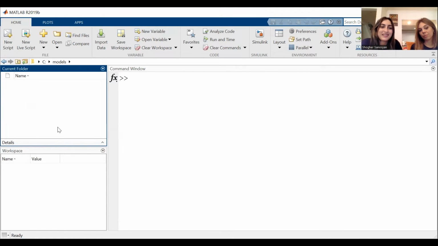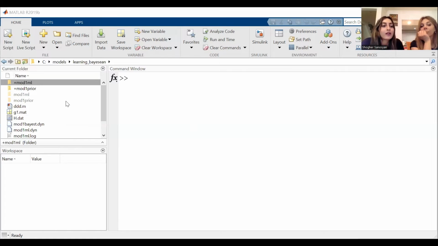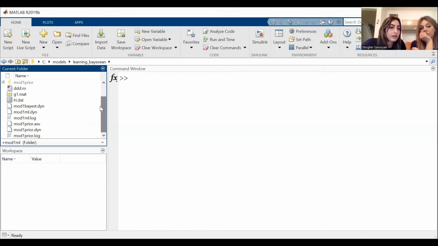It is working a little bit slow, so we will wait. Okay. Here we have a couple of files. I will open the mod1 prior file.